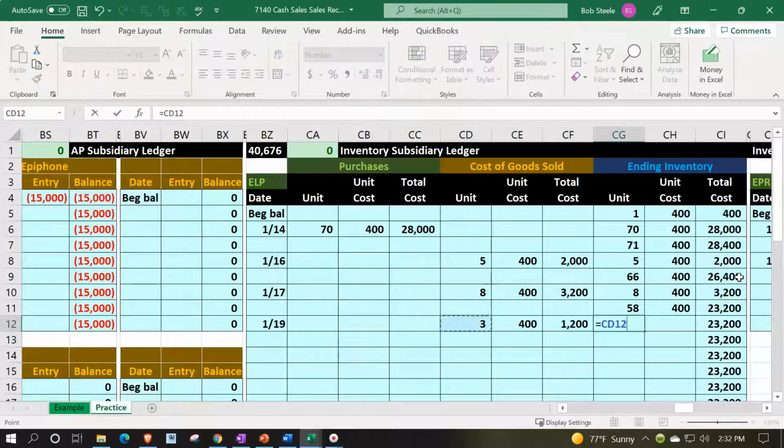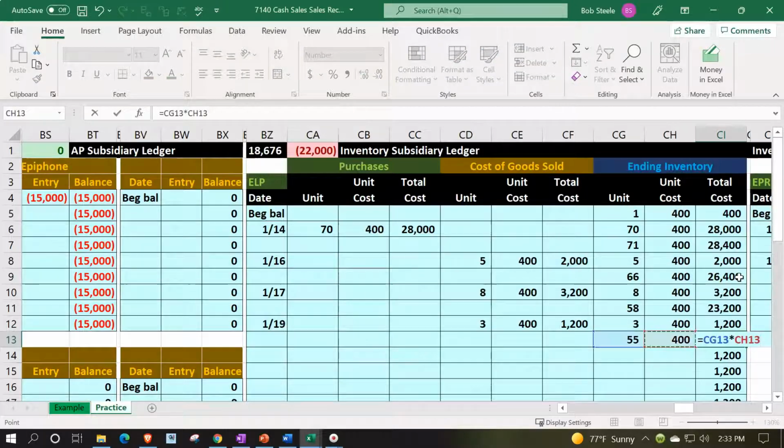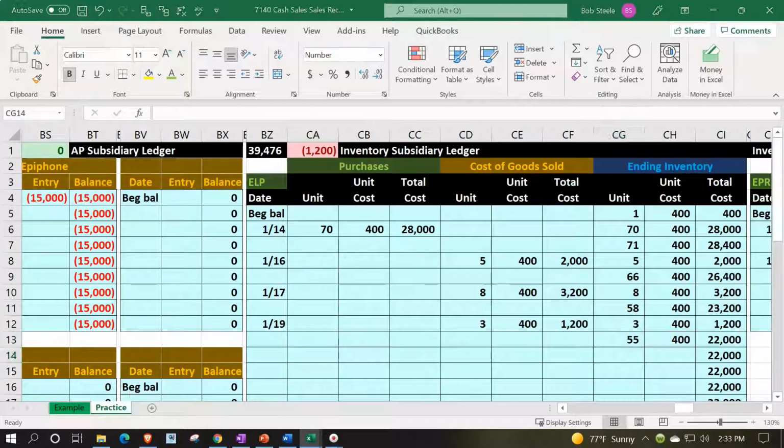Ending inventory is going to go down by 3 units times the 400, or 1,200. We had 58 units minus the 3 units, which means we're now going to have 55 units at 400. And that means we have 55 times 400, or $22,000 worth left in ending inventory after the sale takes place.